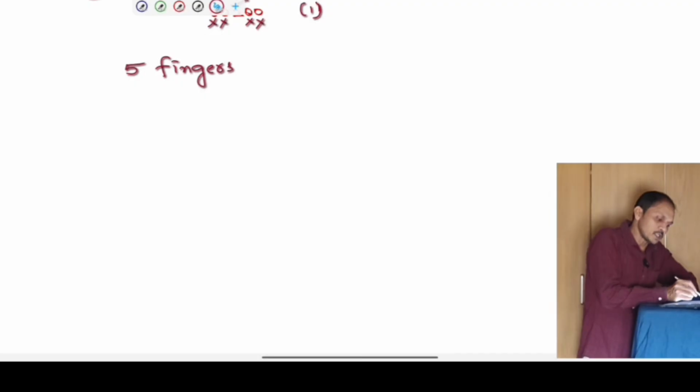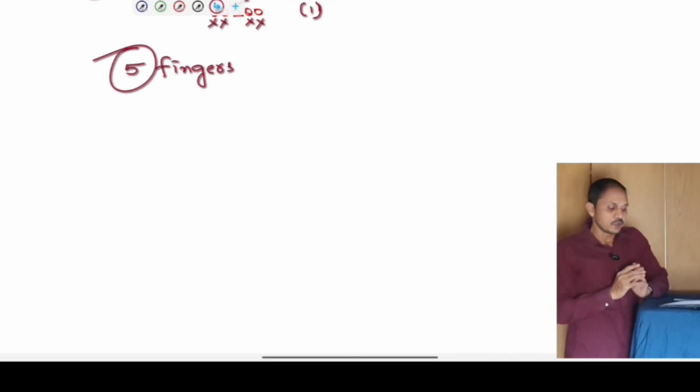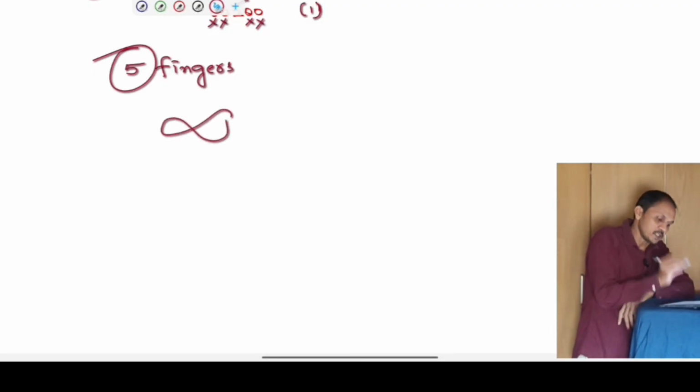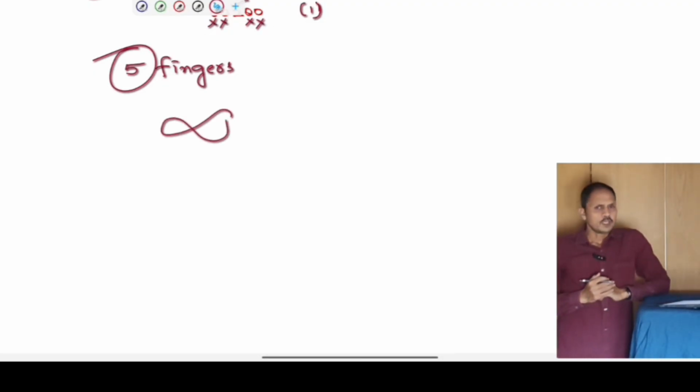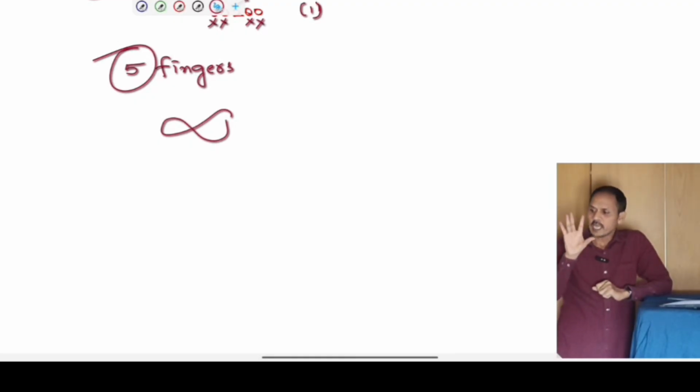Actually, the number contains a single digit. But if you ask me how many significant figures there are, I'll say the number of significant figures is infinity. Why infinity? Because when I said 5, this is an accurate value. There is no possibility of 4.99 or 5.01. Directly it is 5. It's a direct measurement, accurate measurement, 100%.